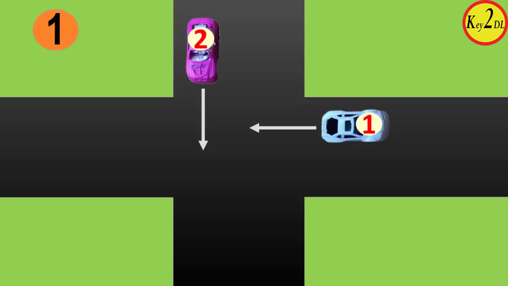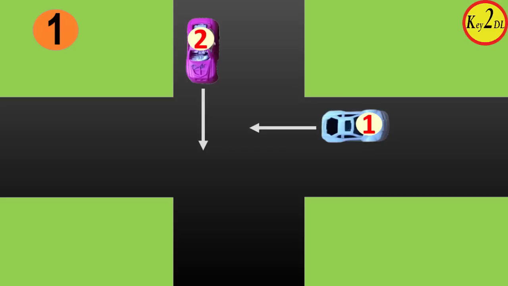Okay, let's see situation number 1 in the driving theory test. There are two cars approaching from different directions, and there are no other traffic signs. What does it mean? Then the right hand rule applies here. The right hand rule of priority requires drivers to give way to cars approaching from the right side at intersections.